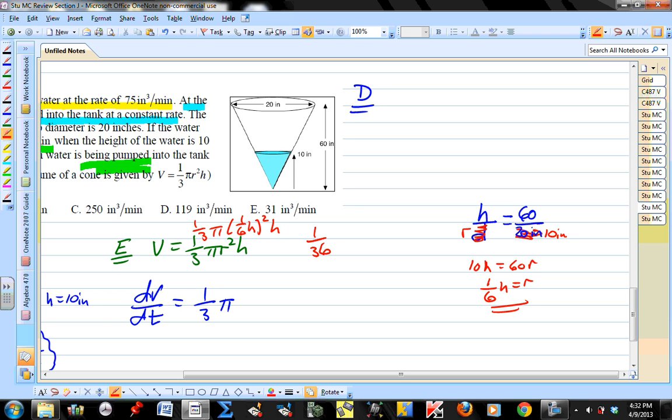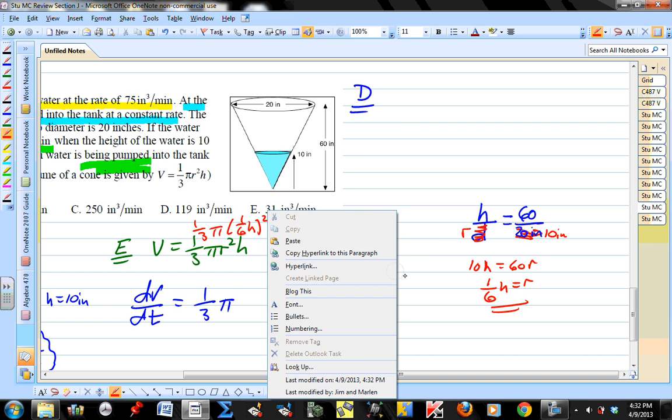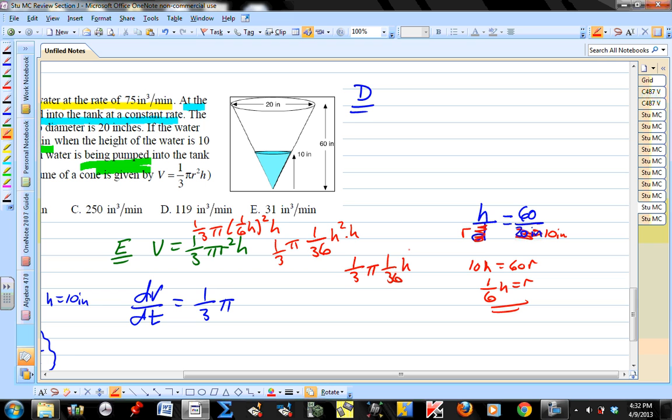If we square h, we're going to get h squared times h, all times 1/3 pi. So 1/3 pi times 1/36 h cubed. That's our volume.